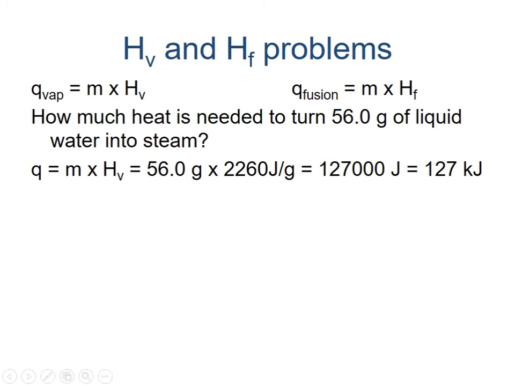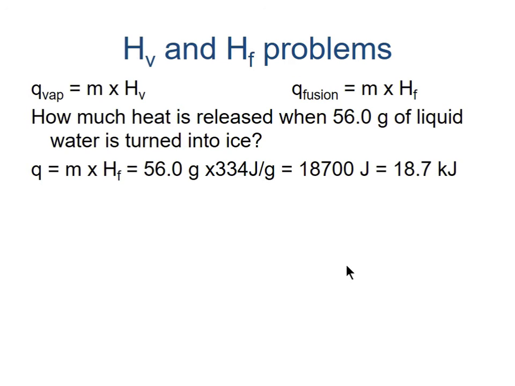I could calculate how much heat is needed to turn 56 grams of liquid water into steam, and here my mass is 56 grams. I'd have to look up the heat of vaporization of water, and I get 127 kilojoules.